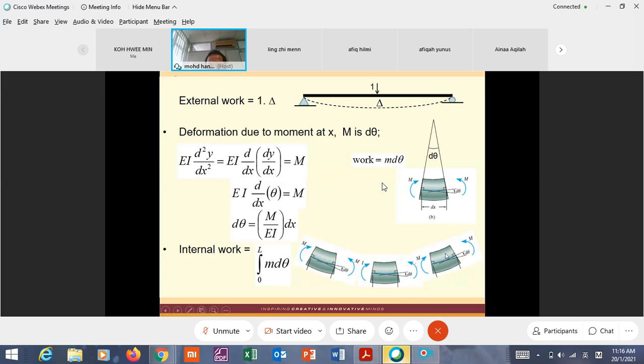If it is not continuous, or not uniform, or there is no formula for this curvature, then we have to split into each member and use summation. That's the difference between summation and integration. When you know the equation, we can use integration. If we don't know the equation, then we use summation. Then we use a table, as we have done in truss.